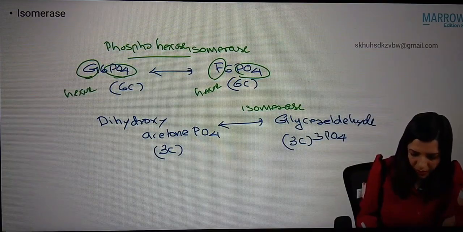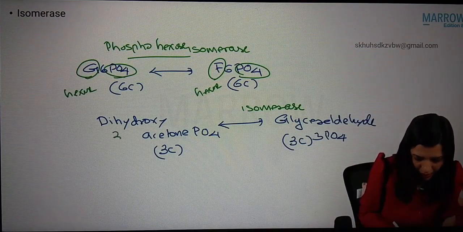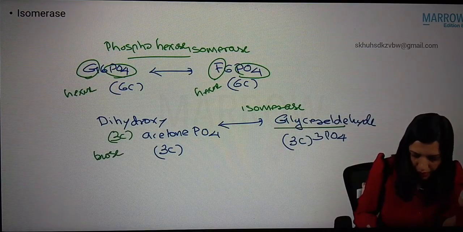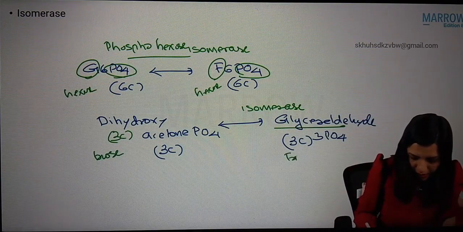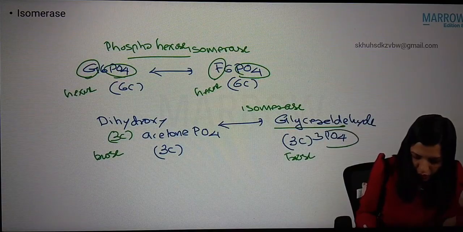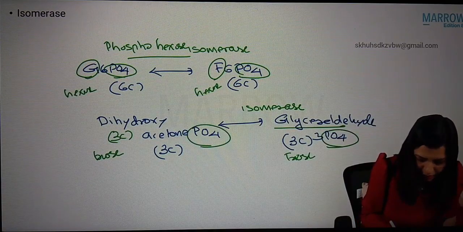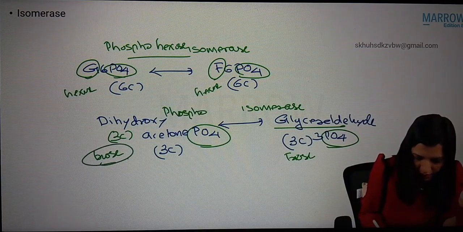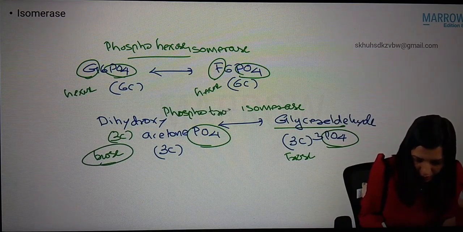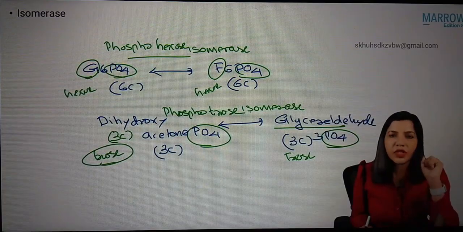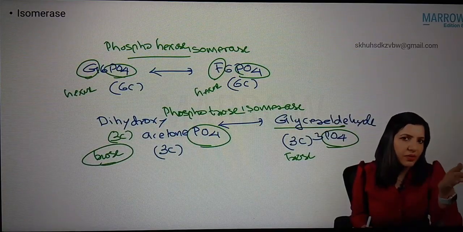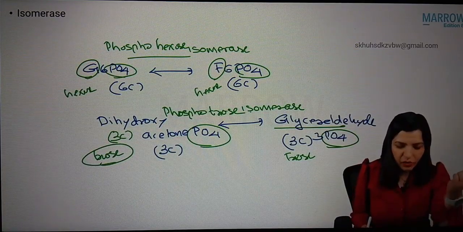Now what about this one? This is a 3 carbon triose, and this is also a 3 carbon triose. Phospho is common on either side, so I am writing phospho, and triose, so it is phosphotriose isomerase. These are the two examples that come under isomerase.